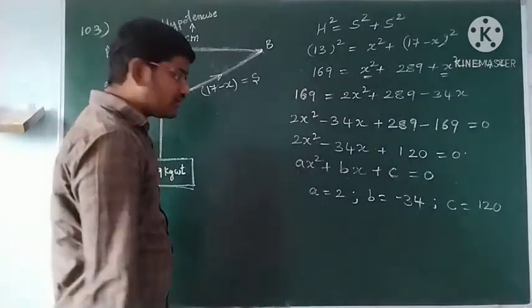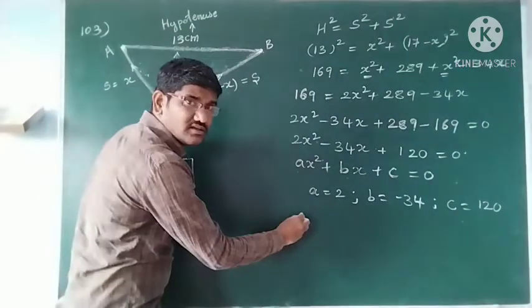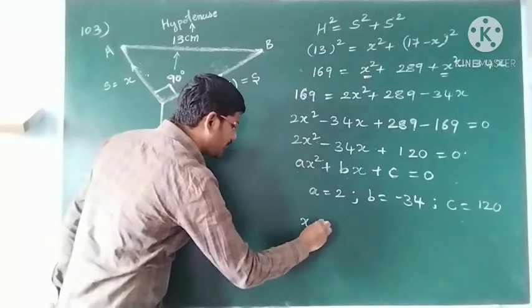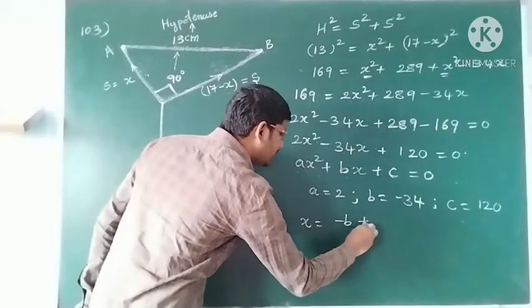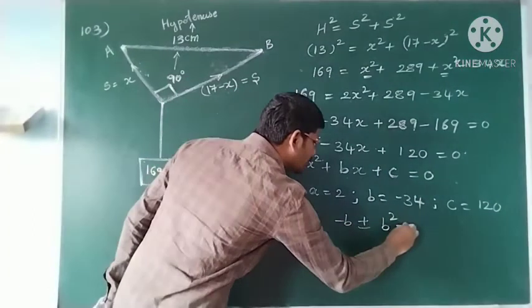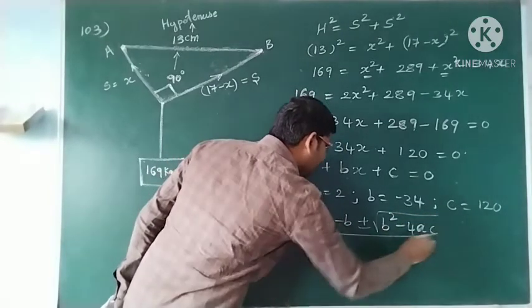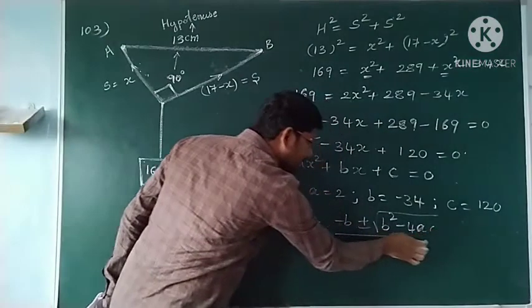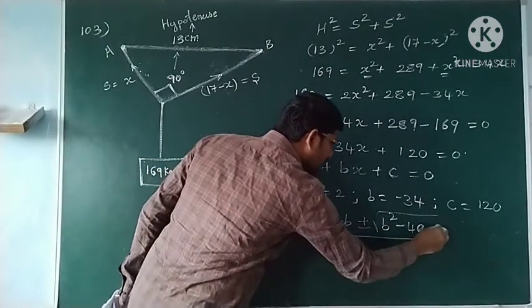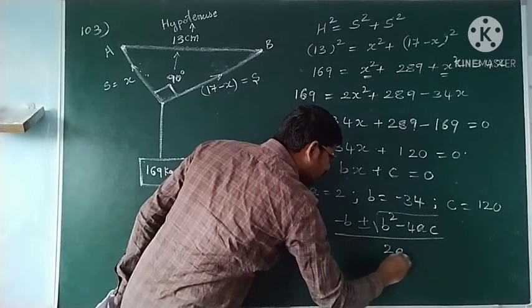So then I will go for its roots. x is equal to minus b plus or minus root over b square minus 4ac, by 2 into a.